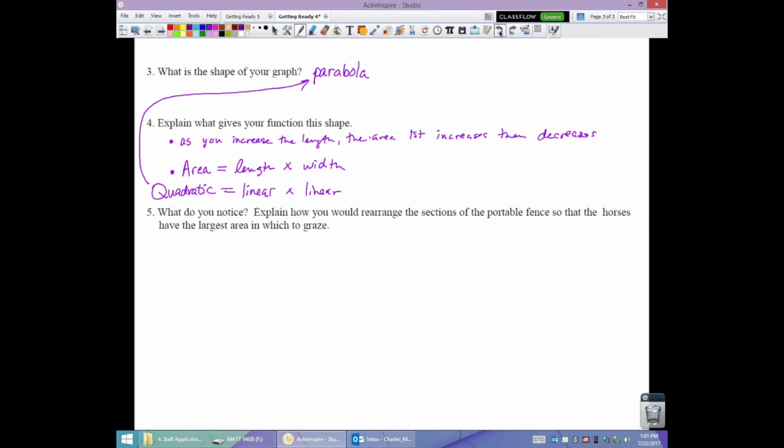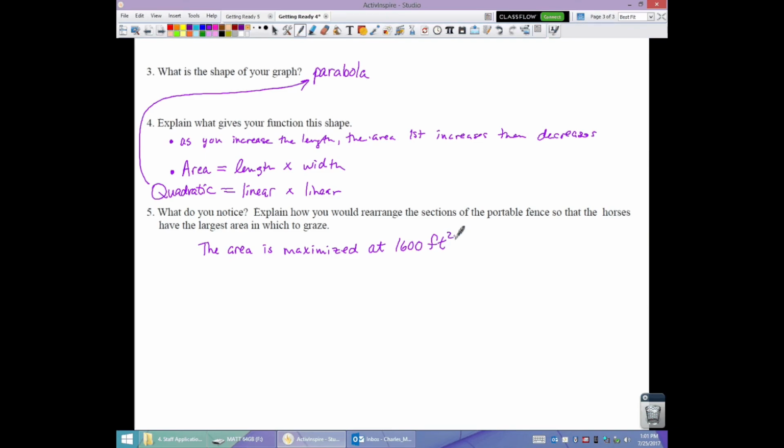So what do we notice? And the big thing there, the big notice, is that the area is maximized at 1,600 square feet.